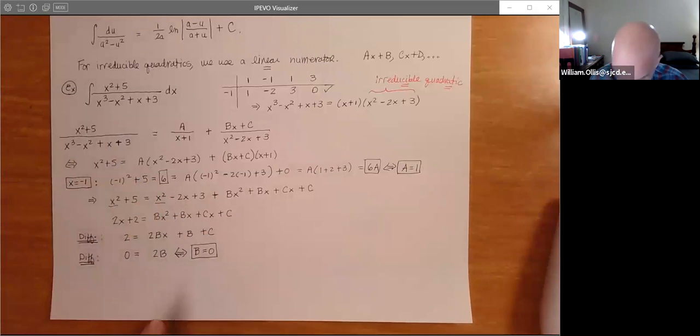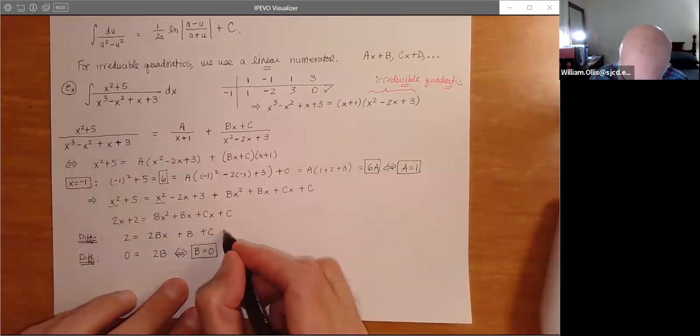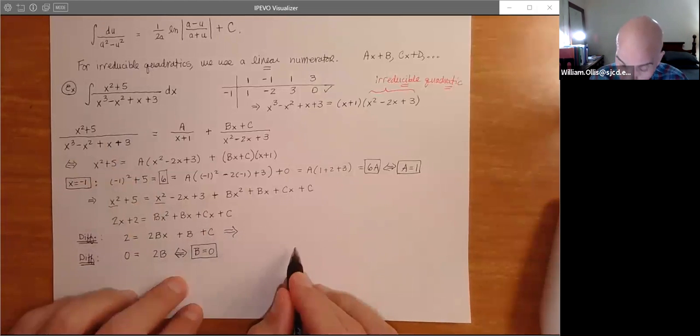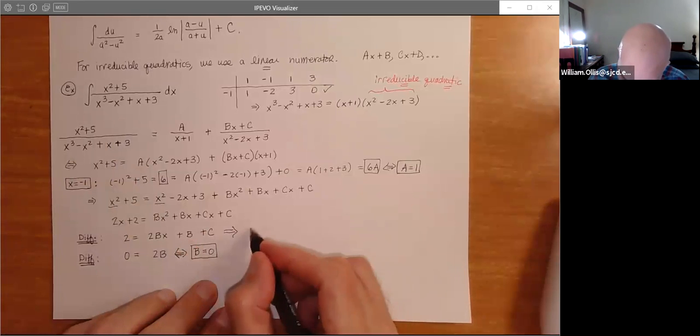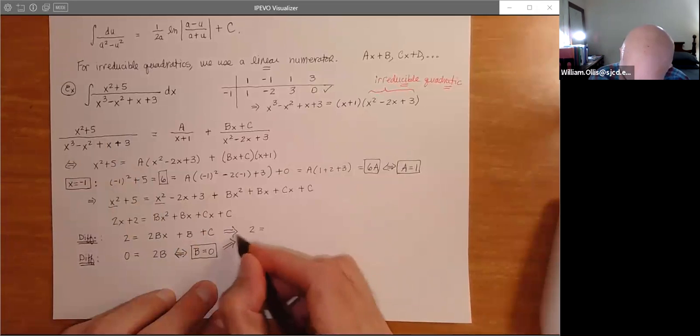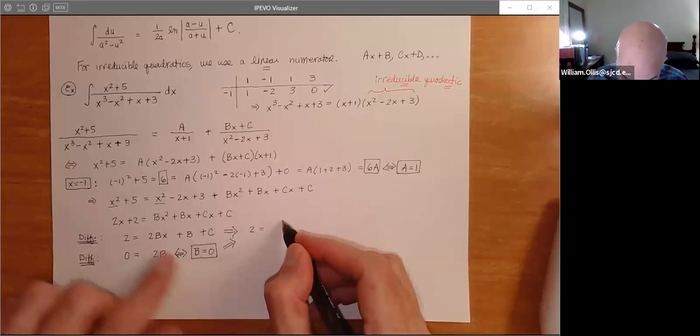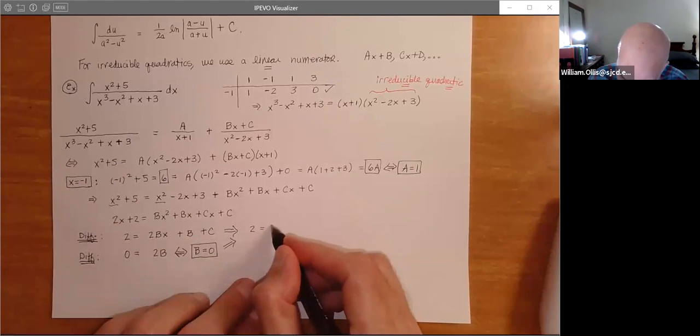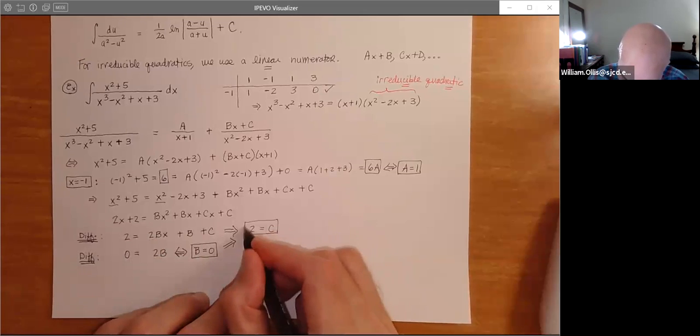And so now if we see that b is 0, we can go back to this equation and just substitute b equals 0. So we have 2. So these together imply 2 equals, well, we get a 0, 0, and a c. Well, c is 2.